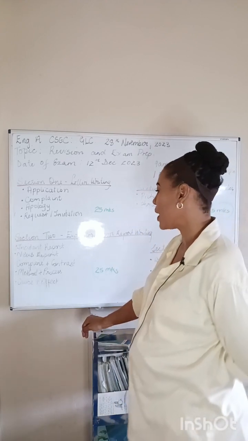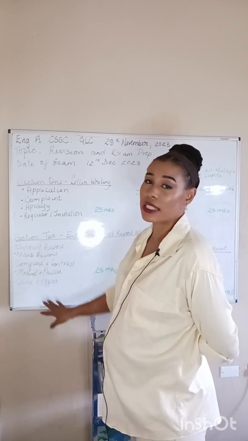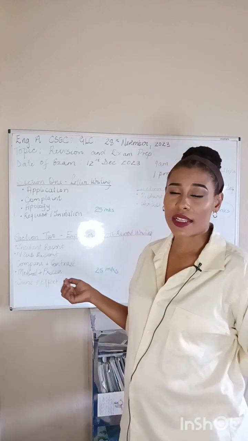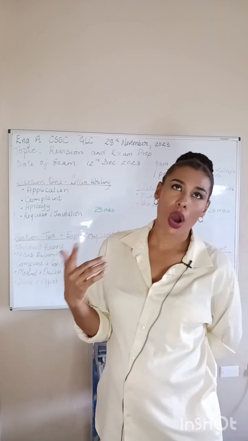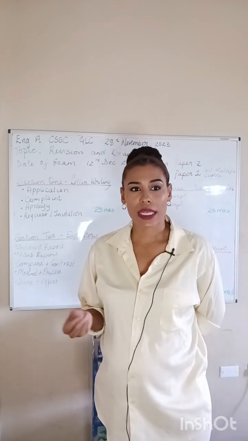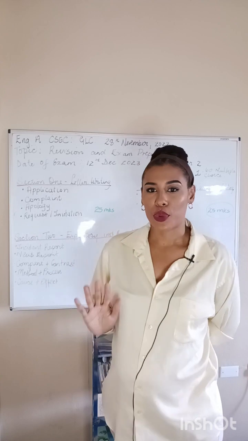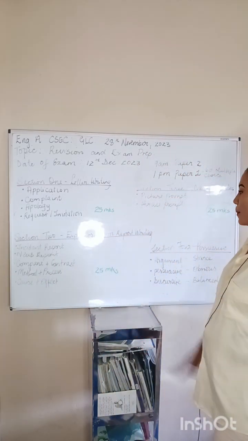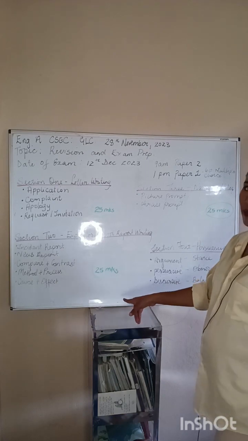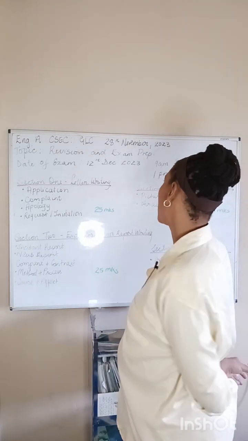So we have these different types of expository writing as well as report writing. You'll be asked to write 1. So I'll give you a prompt, and based on that prompt, you will be expected to write accordingly. That's also 25 marks, 1 essay.